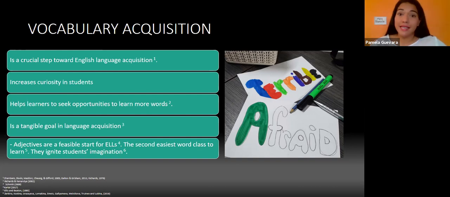And it's a tangible goal in language acquisition. In the case of this present study, I focused on adjectives. Why? Because it's a feasible start for language learners, the second easiest word class to learn, and it helps ignite students' imagination.